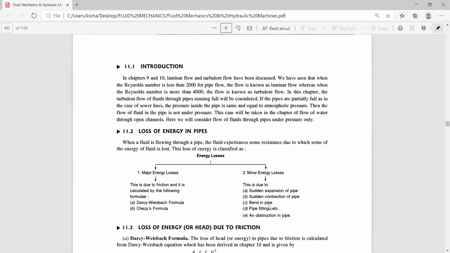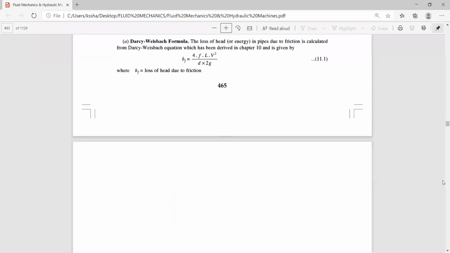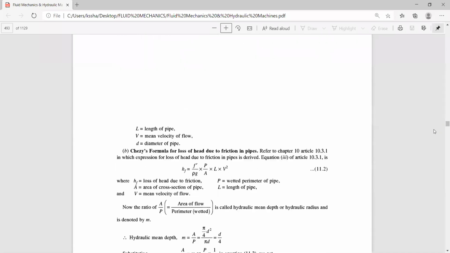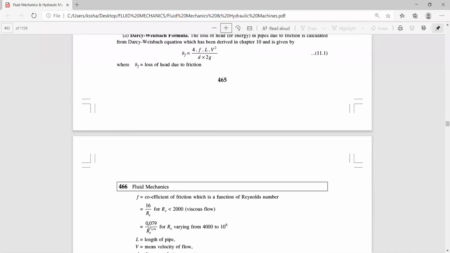So the Darcy-Weisbach formula we have derived. Now if you see here, this Darcy-Weisbach formula, that is hf equal to 4 f L V square by D into 2g, where hf is the loss of head due to friction, and f is the coefficient of friction, which is a function of Reynolds number. That is, f is also equal to 16 by Re. While explaining the different types of flow, we have come across Reynolds number.